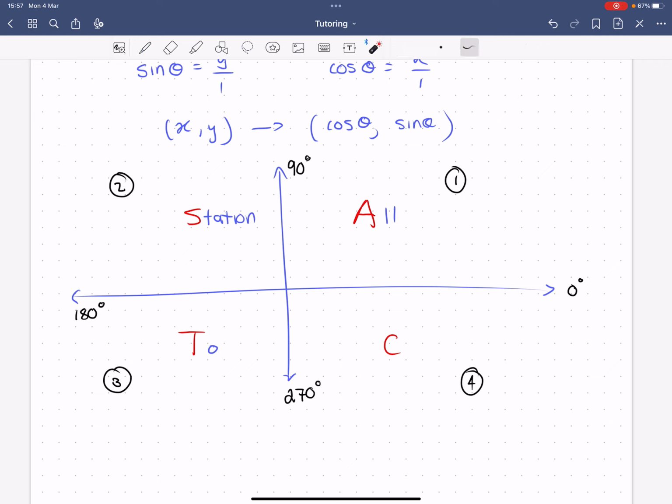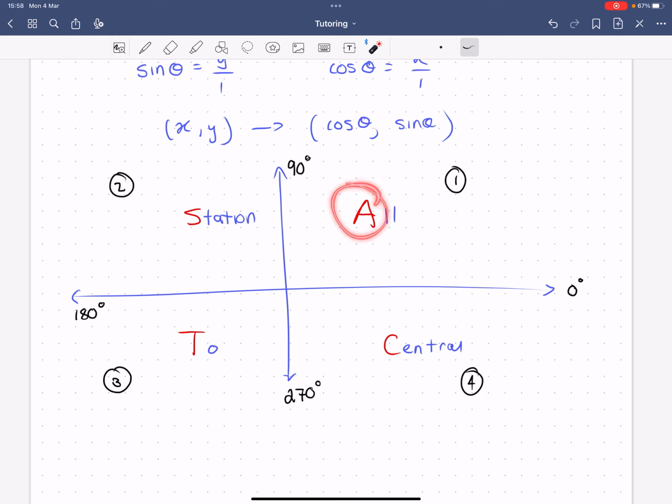Finally, in the fourth quadrant, I've got positive x's, so positive cos, and I'm going in the negative y direction, so I've got negative sine. That's what Central stands for. So only cos is positive in the fourth quadrant, the other 2 are negative.